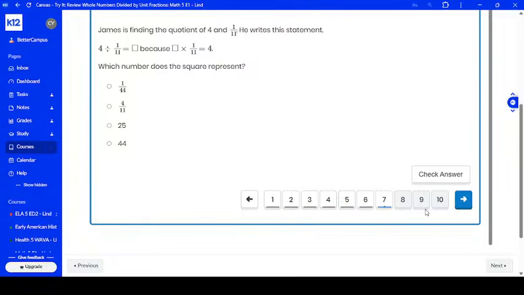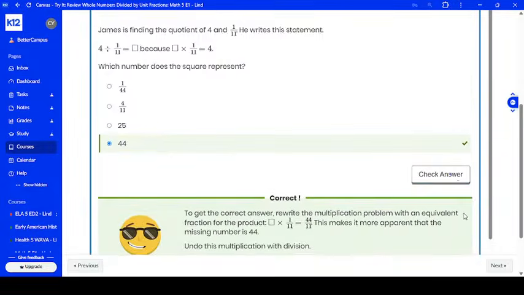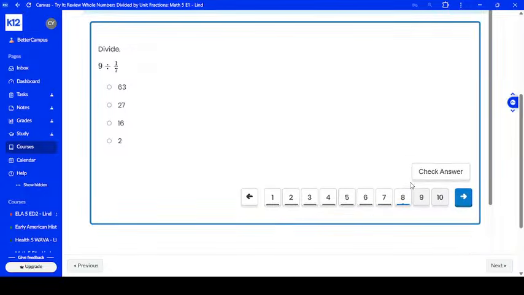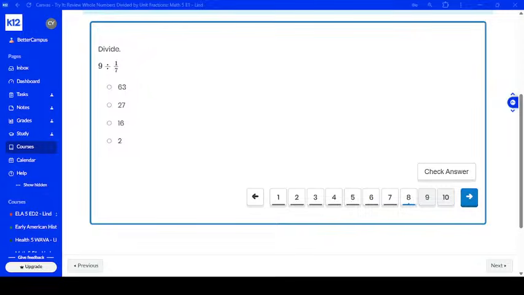You have 5 seconds to answer this question. 5, 4, 3, 2, 1. The answer is D, 44.